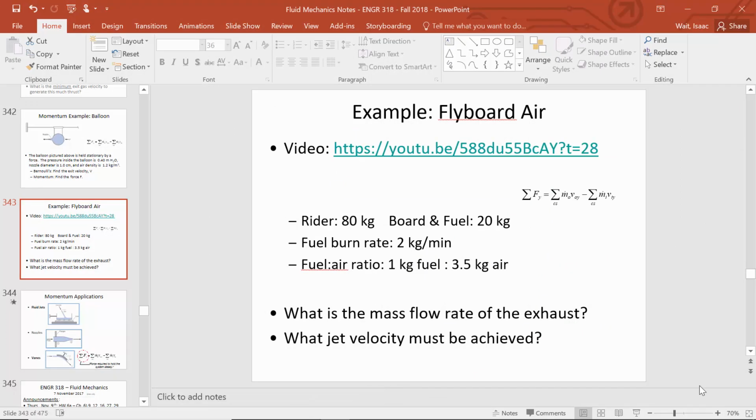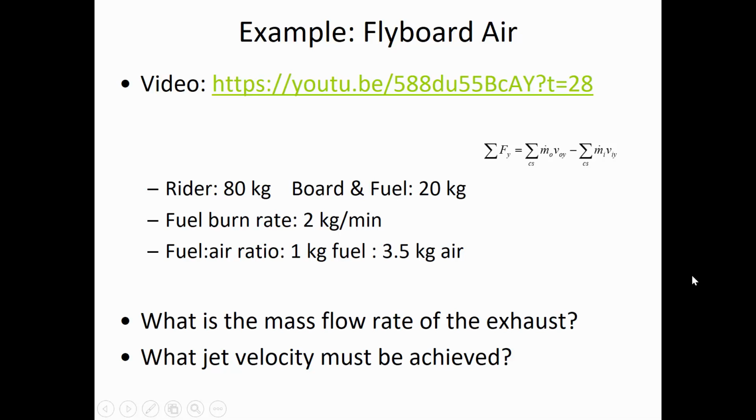Okay, so here's some stats that I found for the Flyboard Air. The rider, 80 kilograms. The board and the fuel together has a mass of approximately 20 kilograms. And it's burning about 2 kilograms per minute of fuel.